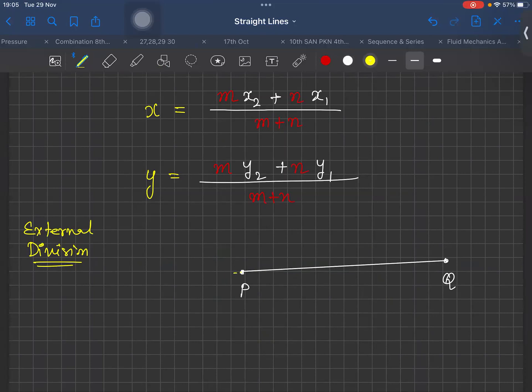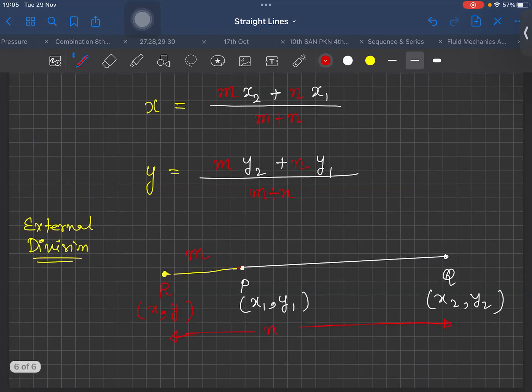If this line is extended, it is dividing somewhere here. This is R, a point on this line. So the coordinate of P is x1, y1. This is x2, y2, and R is x, y. Now it is dividing this in m:n ratio.